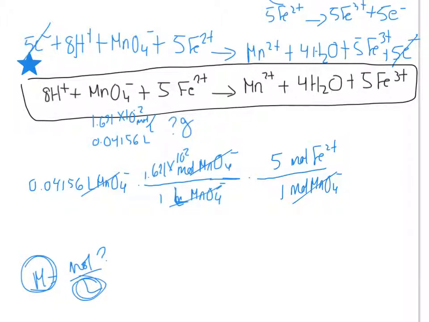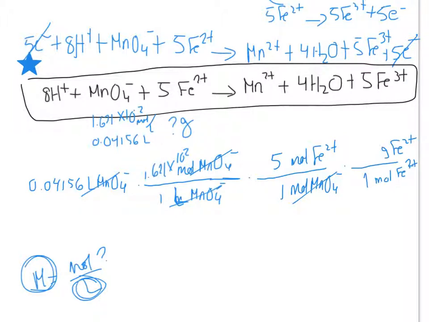Next, I answer the question. The question was, I was trying to find the grams of the iron so I can plug it in to find the percent iron. So on the bottom here, I'm going to put moles of Fe2 plus and then grams of Fe2 plus, and I use the molar mass. Now the periodic table doesn't give us the molar mass of Fe2 plus, but it gives us the molar mass of Fe.